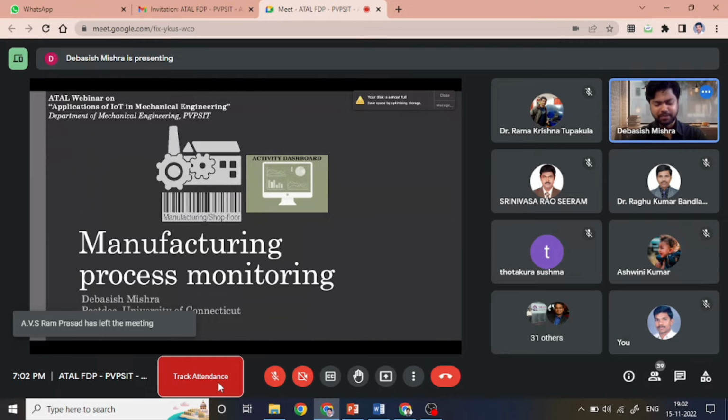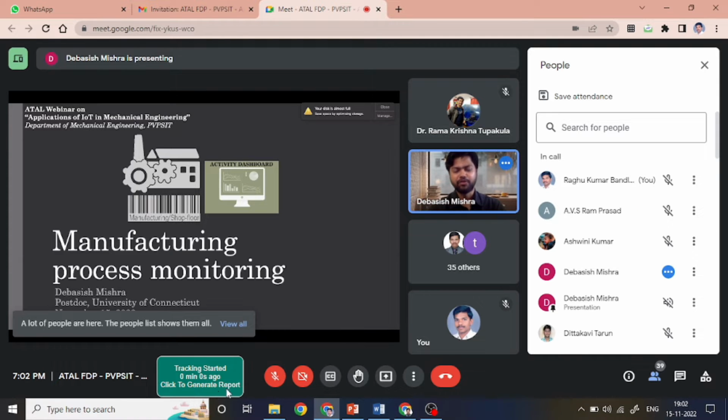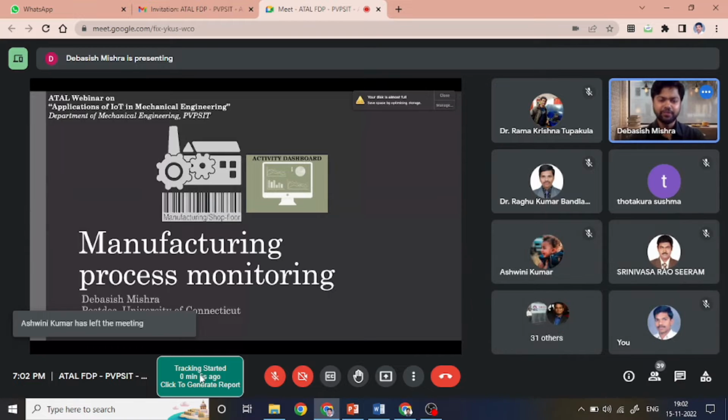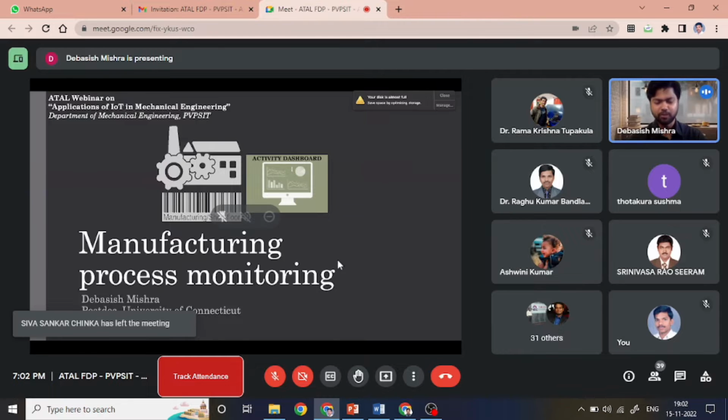So the title of my presentation is Manufacturing Process Monitoring. As you can see in this slide, I have put a very high-level picture of what we today call smart manufacturing. On the left is the picture representing the manufacturing shop floor, and the data in the form of barcode, which is being sensed through various sensors and embedded devices on the manufacturing shop floor.